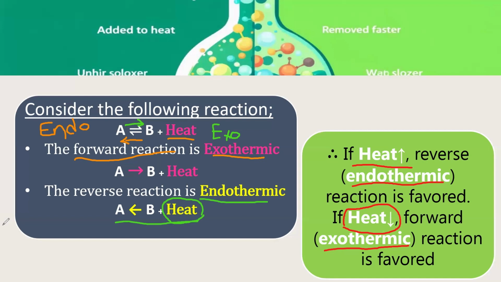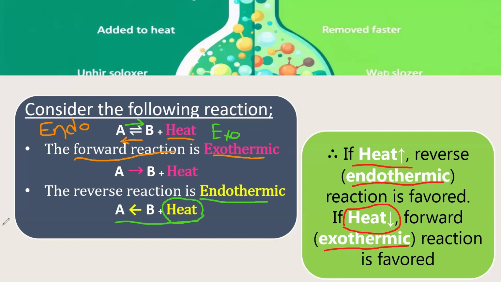In general, an endothermic reaction is a reaction that consumes heat, while an exothermic reaction is a reaction that produces heat. Okay, so if heat is added or increased, the reaction which consumes this increase in heat is favored, which is the endothermic reaction.